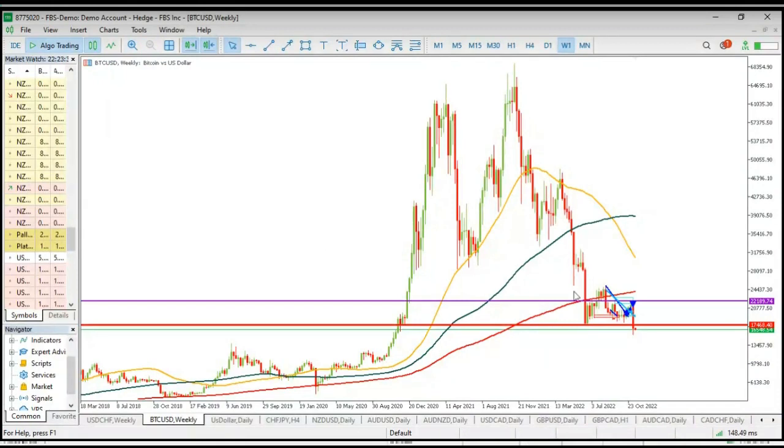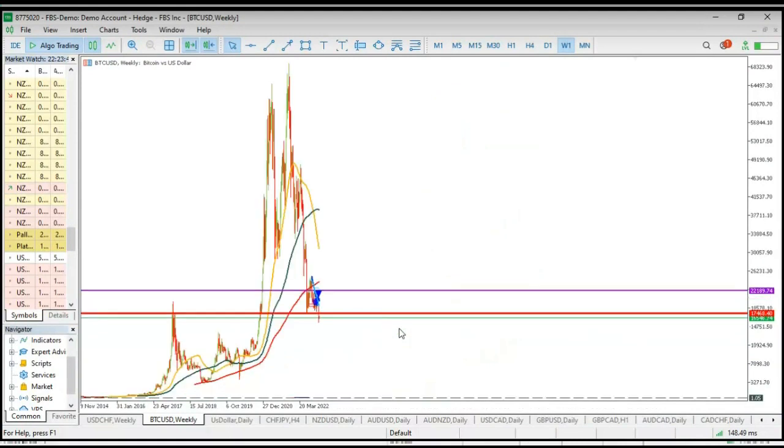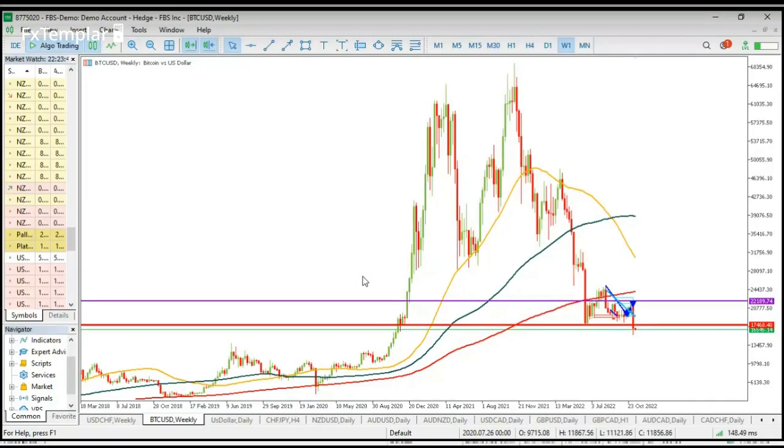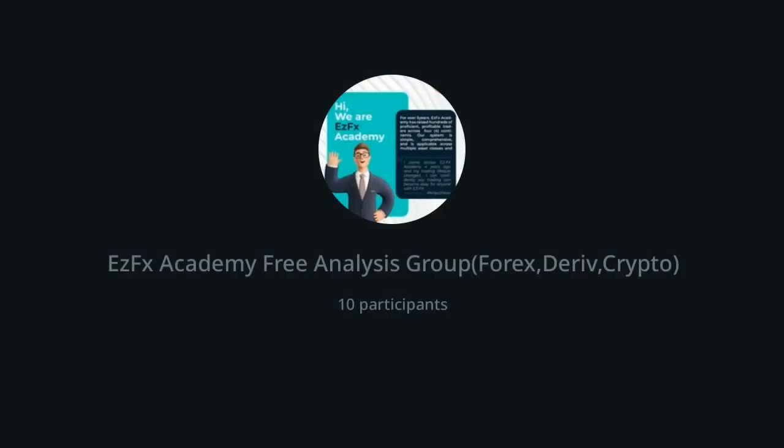Currently, if you look at this on the weekly time frame, you can see this is the zone that we're at already. From the look of things, there's a huge possibility that this zone does not play out.